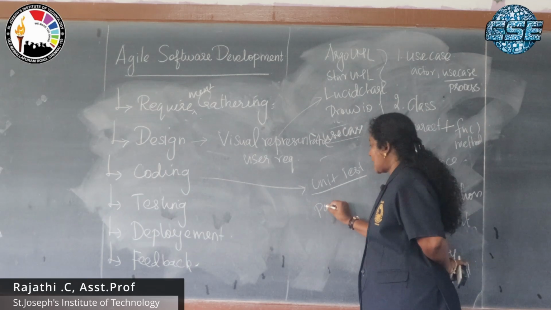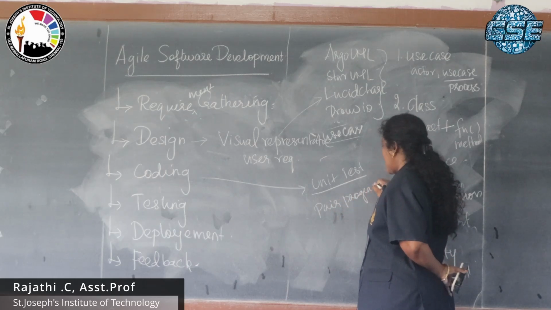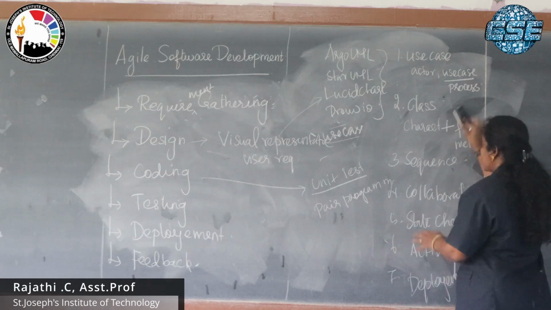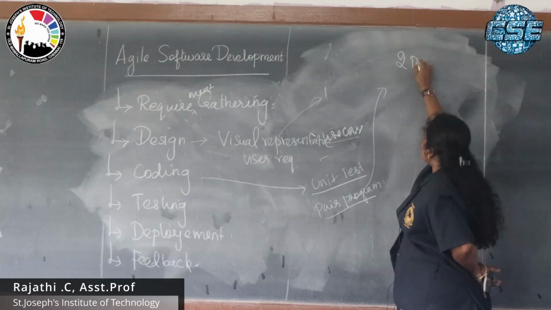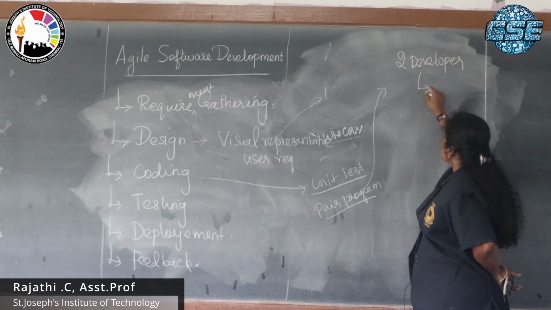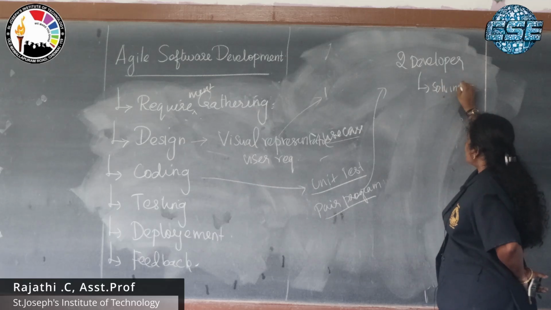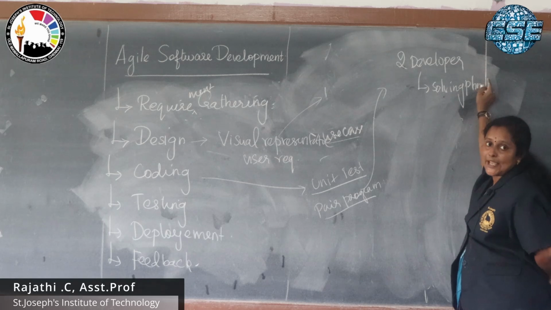Then pair programming. Everyone should be clear about pair programming. So what is pair programming? In pair programming, two developers participate in solving a problem, right? Two developers for the same problem.